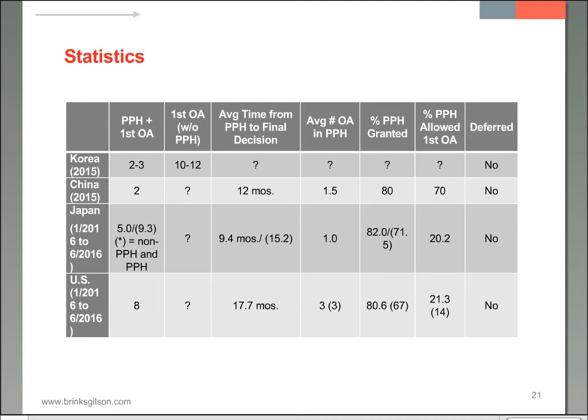I will make a few comments regarding Japan and the U.S. As you can see, for those countries, the data in the parentheses regards the situation when PPH and non-PPH applications are combined in their statistics. So from that, you can see the PPH applications have around a 10% increase in the rate of grant when compared with all applications.